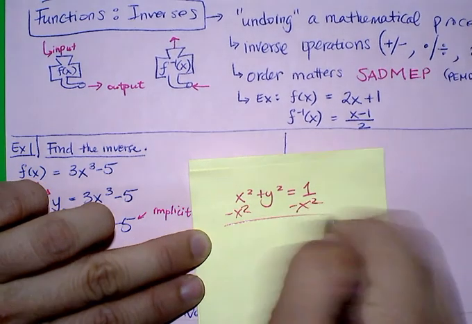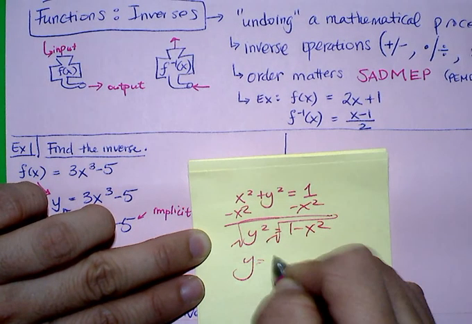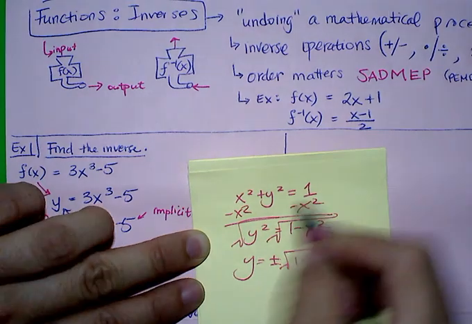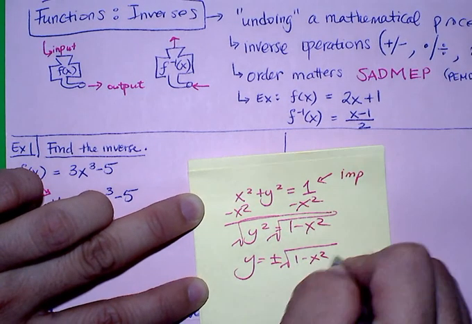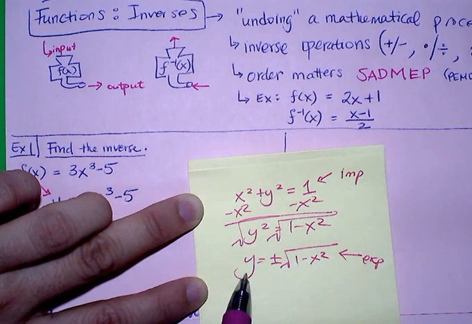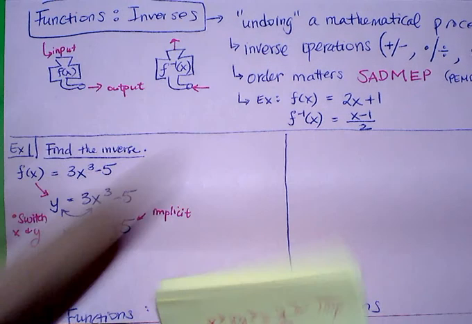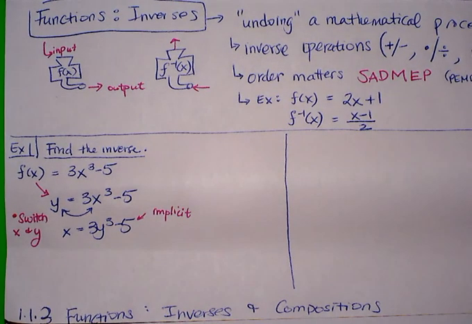So y squared equals 1 minus x squared, and then I square root both sides, so y equals plus or minus the square root of 1 minus x squared. Now this is the explicit equation for a circle, where you have y by itself and the x on the other side. So again, this is the answer, the inverse function, but to say it explicitly, we have to do what?